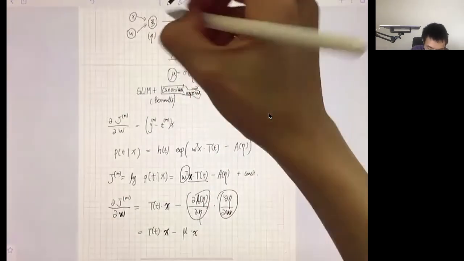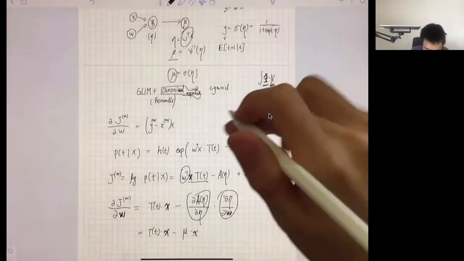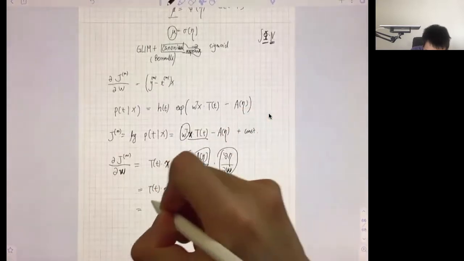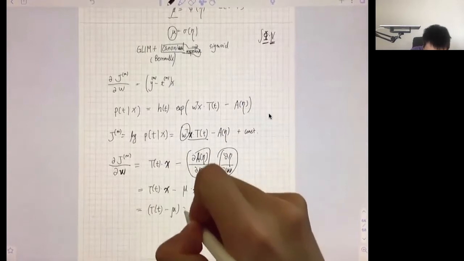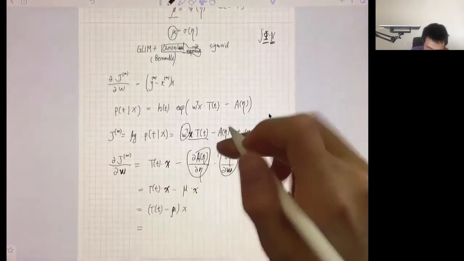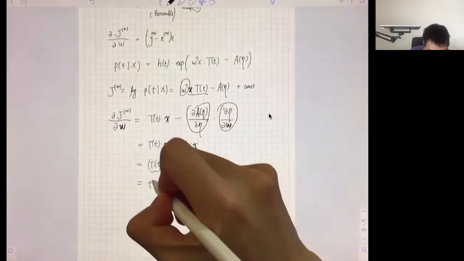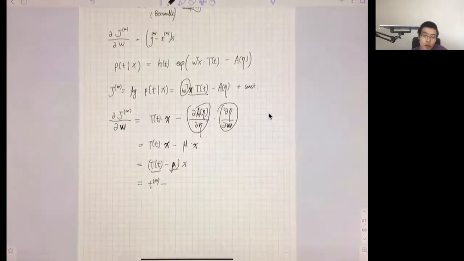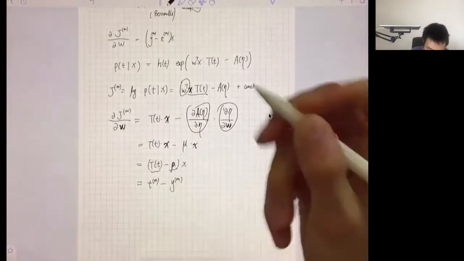So eta is W transpose x, then I take the partial derivative with respect to W, then I get x. So now I can say this is T of t minus mu, times x, okay? And the T of t is my data sample, right? And oftentimes the sufficient statistic is just the target itself. And minus mu, the mu is the mean parameter of your exponential family, which is just your prediction. So it's y of n, okay?